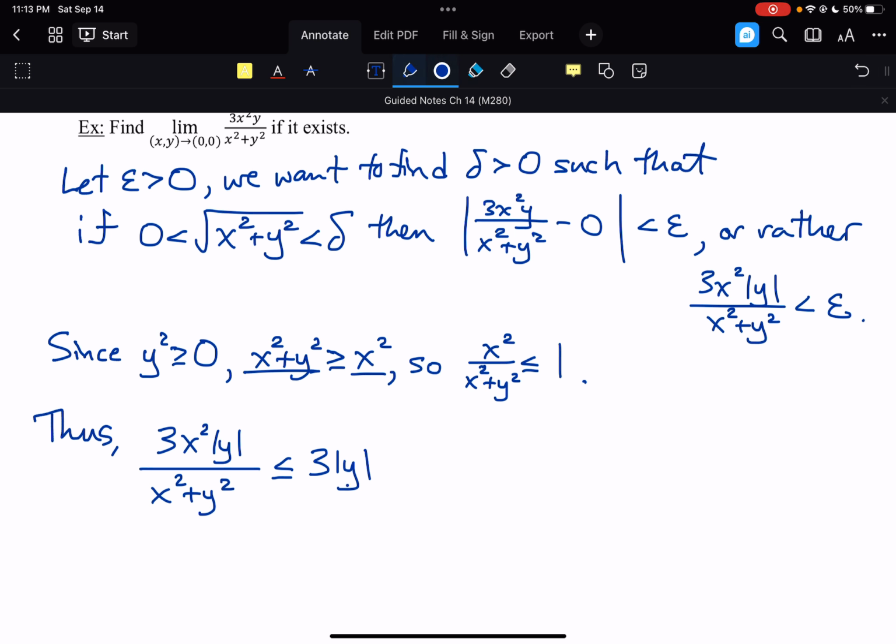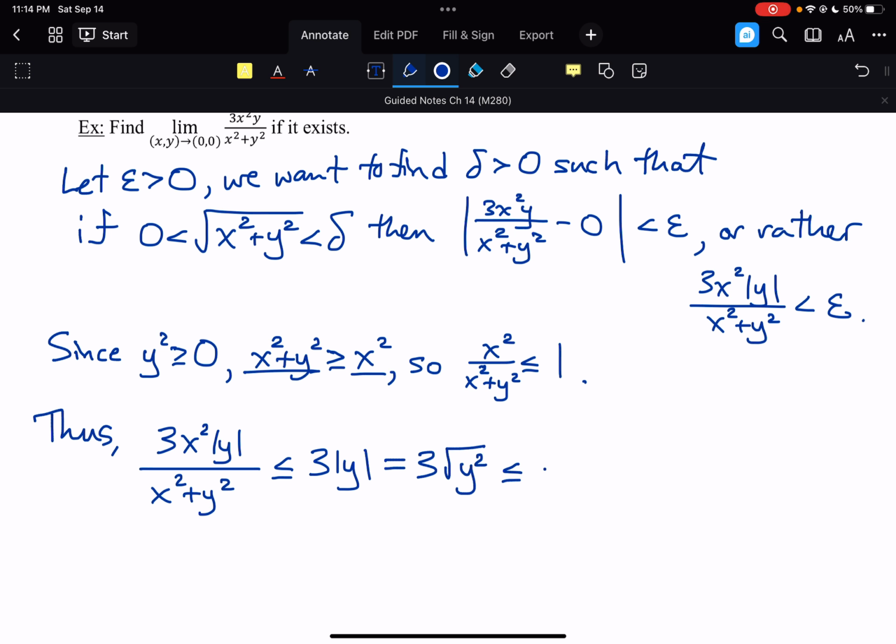Now, absolute value of y, if we think about some algebraic properties, is the same thing as the square root of y squared. The square and the square root undo each other, leaving you with the absolute value of y. Now, x squared would be a non-negative number, greater than or equal to 0.